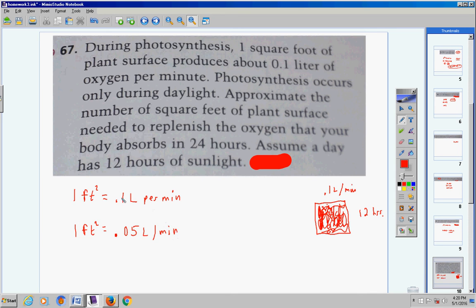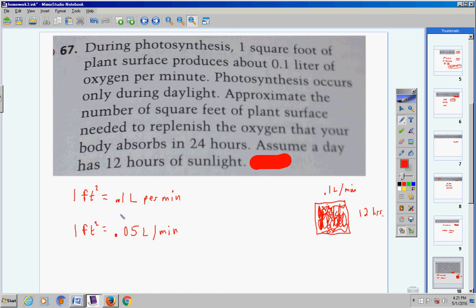I've got to cut that in half because it's only working for half a day. So even though it gives me this much every minute, after 12 hours it stops, and so I'm not getting anything else for the next 12 hours. So really, I took 0.1 and divided it by 2. I cut it in half. Type it into your calculator if you want to. It will give you 0.05 liters per minute.